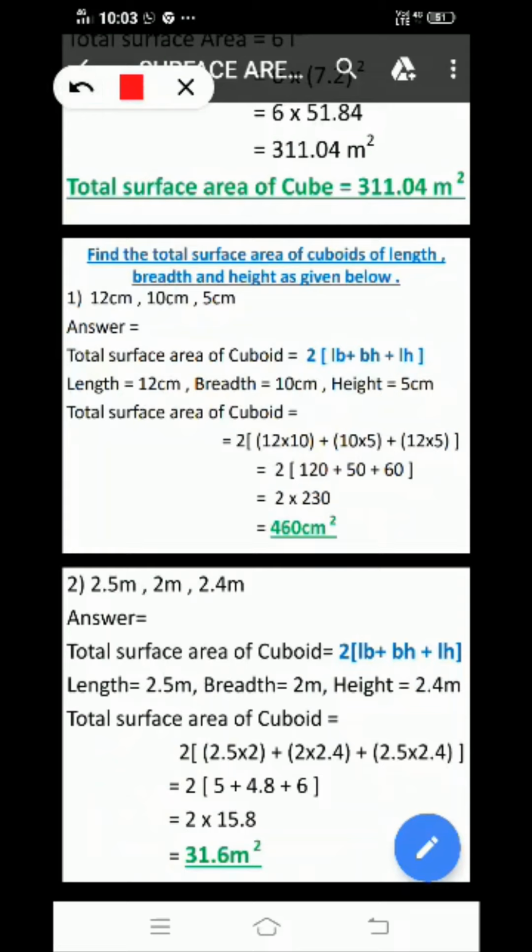You solve the bracket here. Now simply multiply, and the answer is 31.6 meter square. Here they mention meter, that's why I wrote meter. If they mention centimeter, I would write centimeter. It is a simple thing. Please pay attention to the formulas, and when you do the addition and subtraction of decimals, it is very very important.